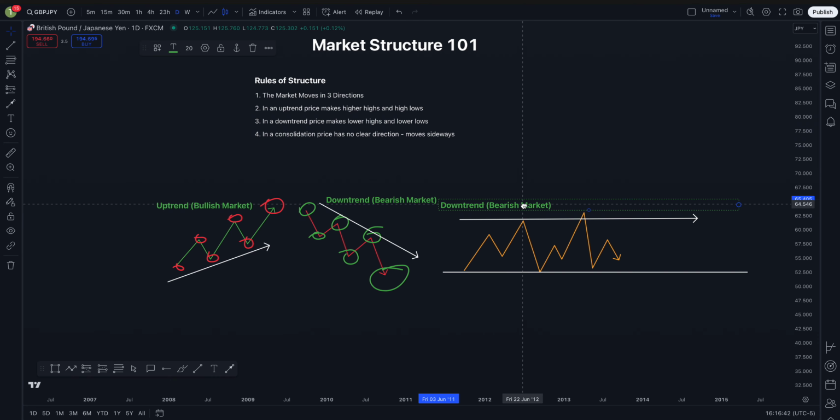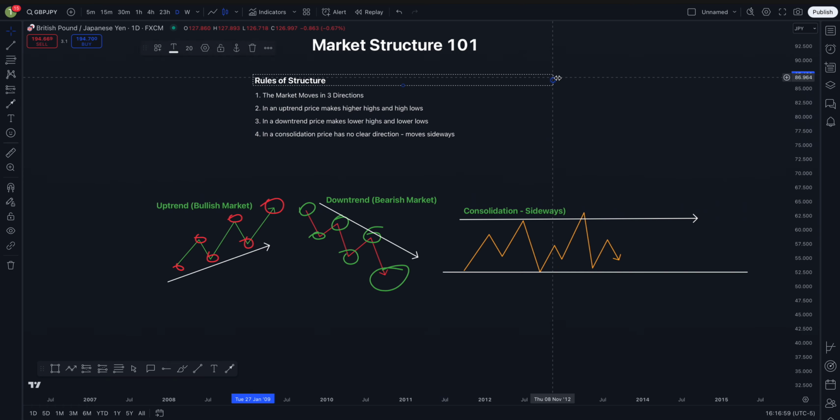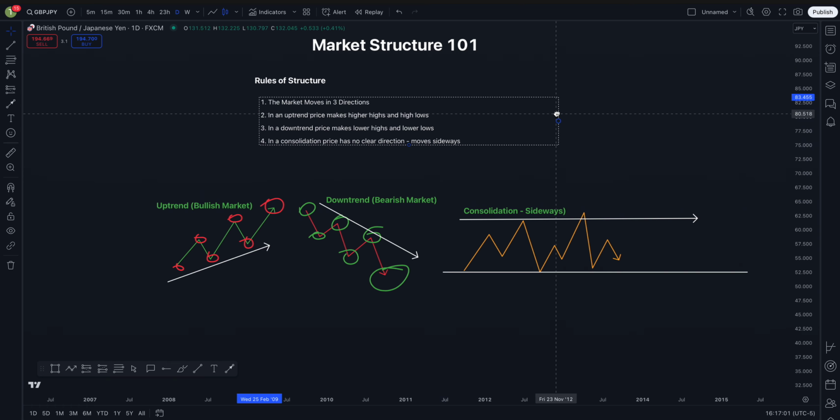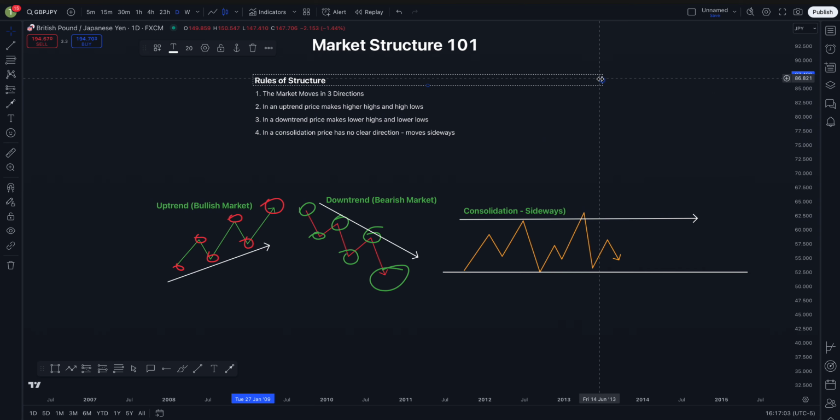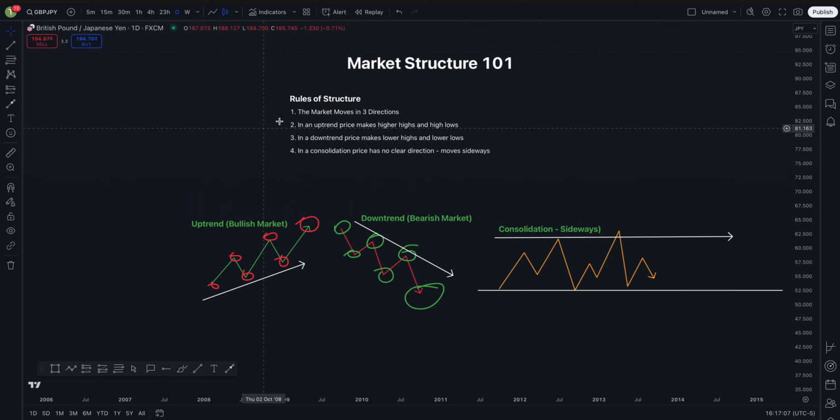And this is a consolidation. Sideways. Right? So this is what you call the basics of market structure.